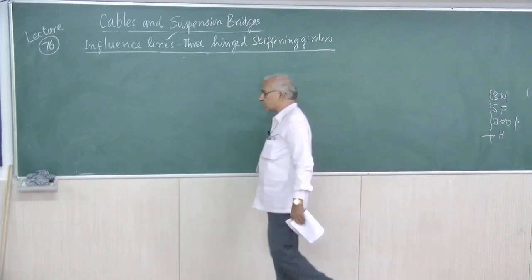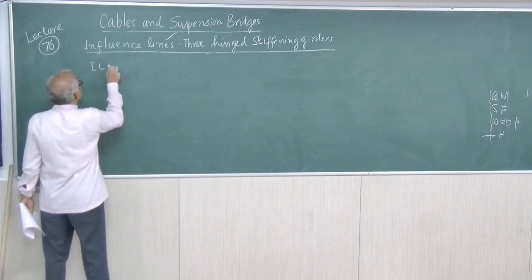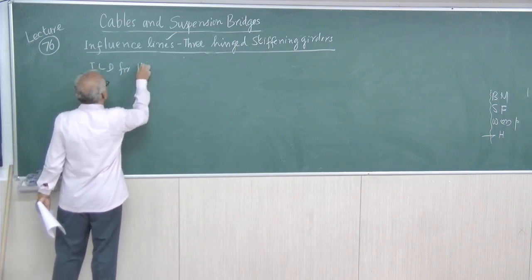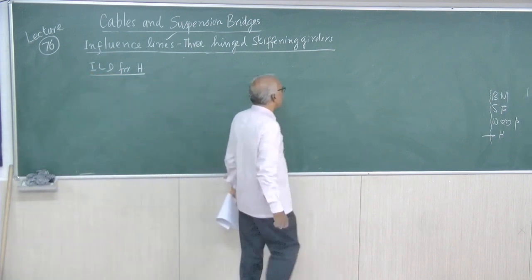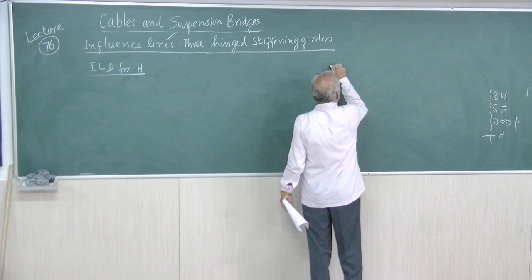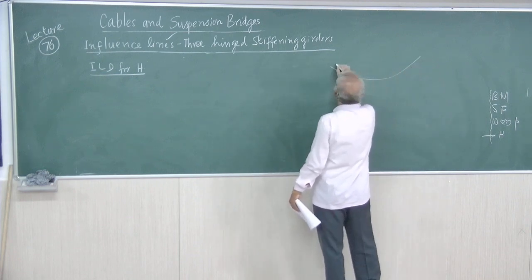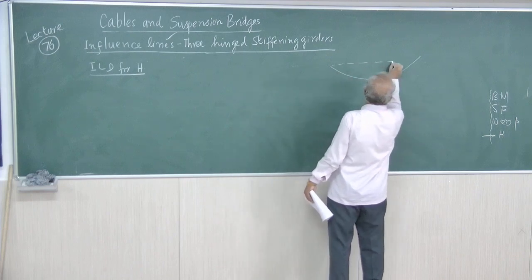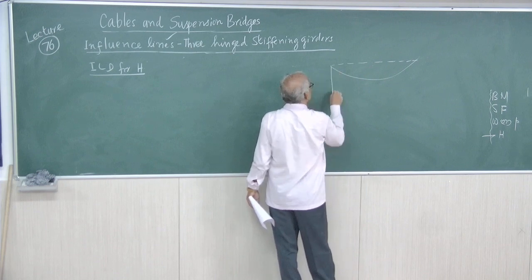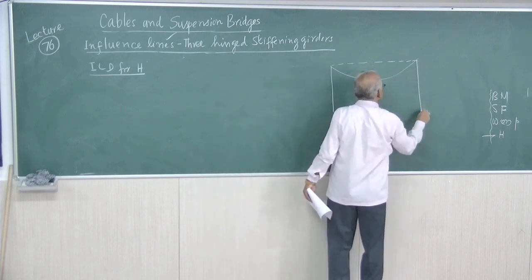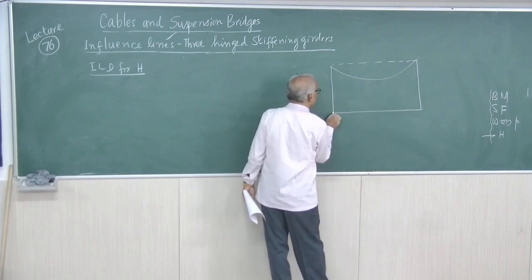ILD for the horizontal tension. Now, let us take a cable stiffened by a 3-hinged stiffening girder.